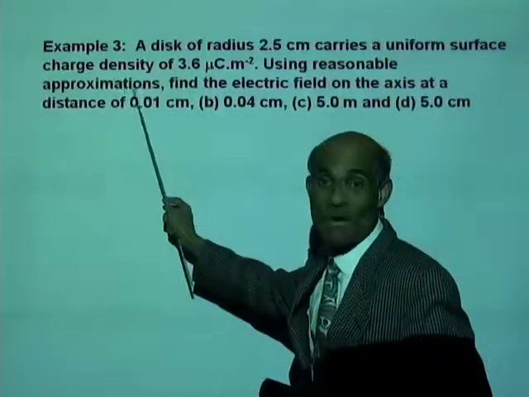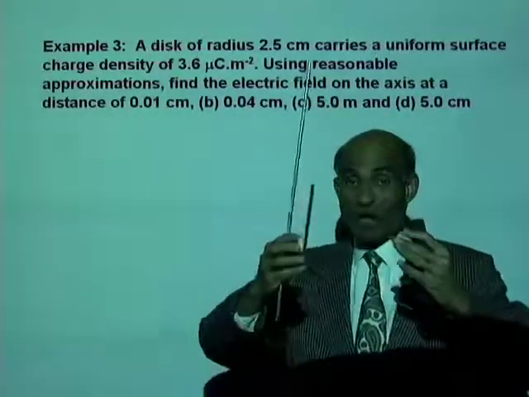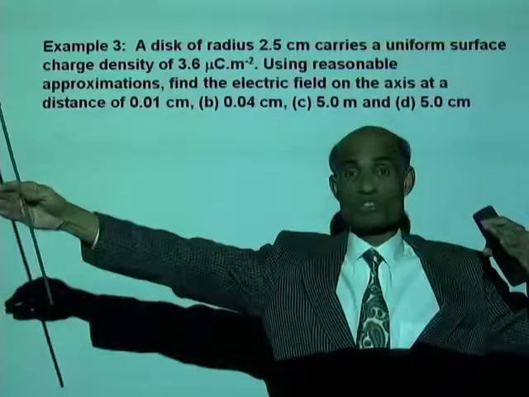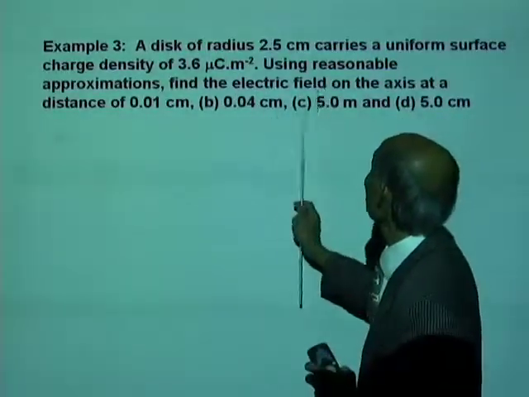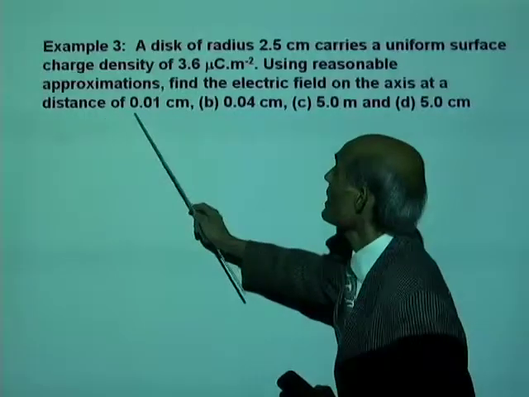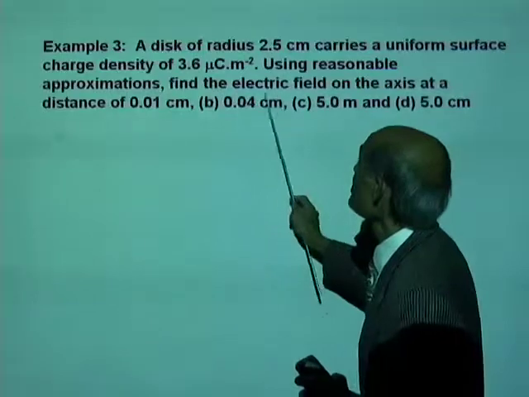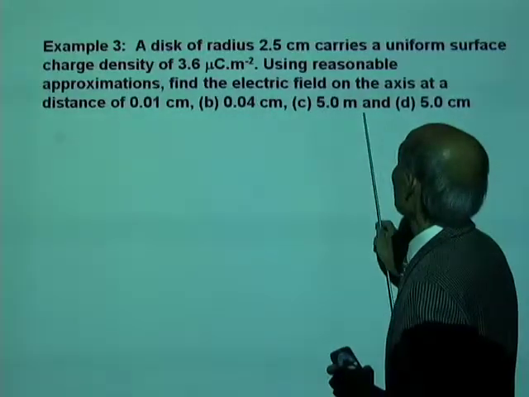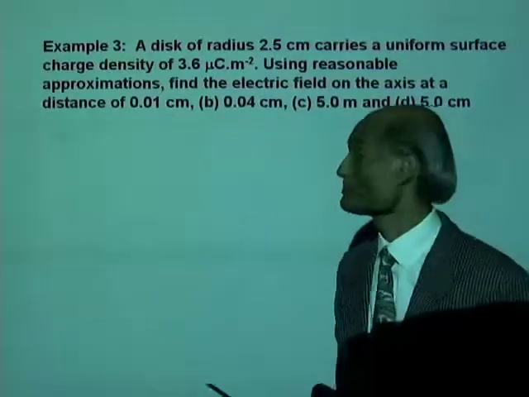Using reasonable approximations, we have an exact formula, an approximation for large distances, an approximation for small distances. Find the electric field on the axis at a distance of 0.01 centimeter, 0.04 centimeter, 5 meter, and 5 centimeter.